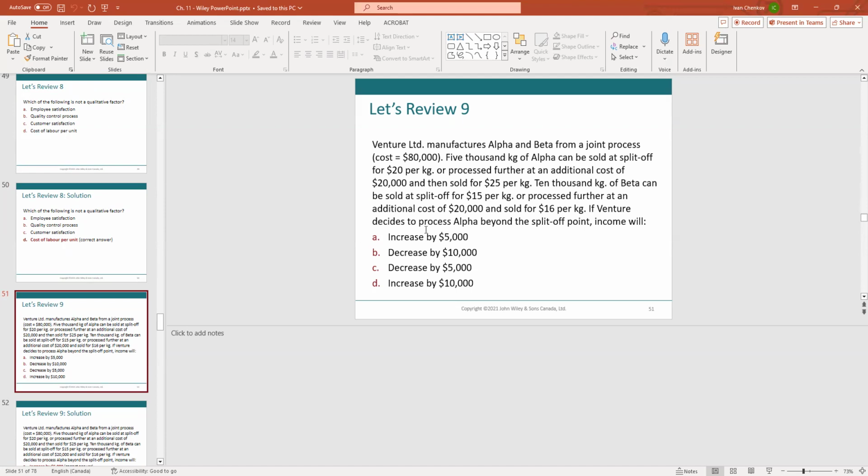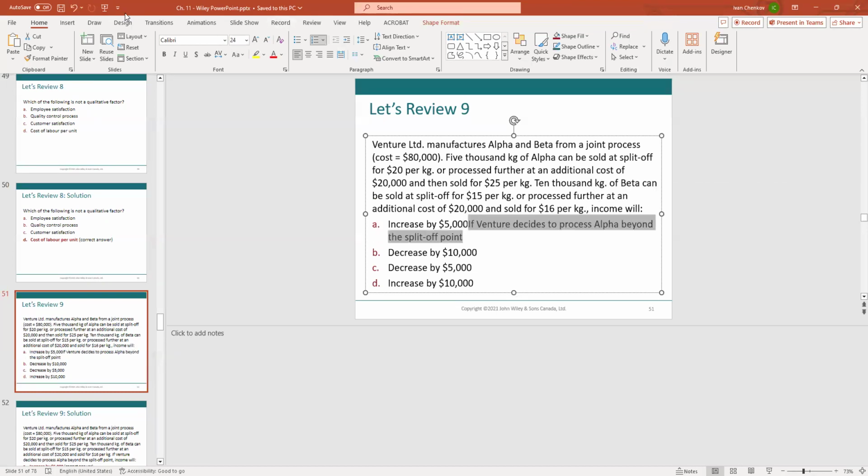If the venture decides to process alpha beyond the split-off point, what's going to happen? So, what does the question ask? The question asks about alpha, correct? Is beta relevant for our decision?